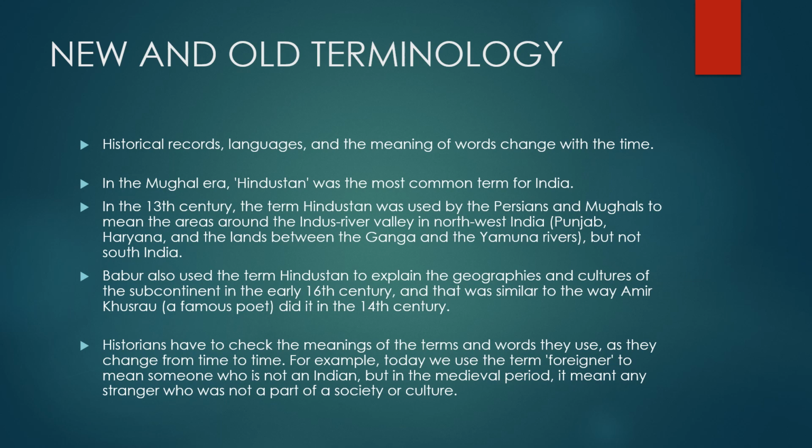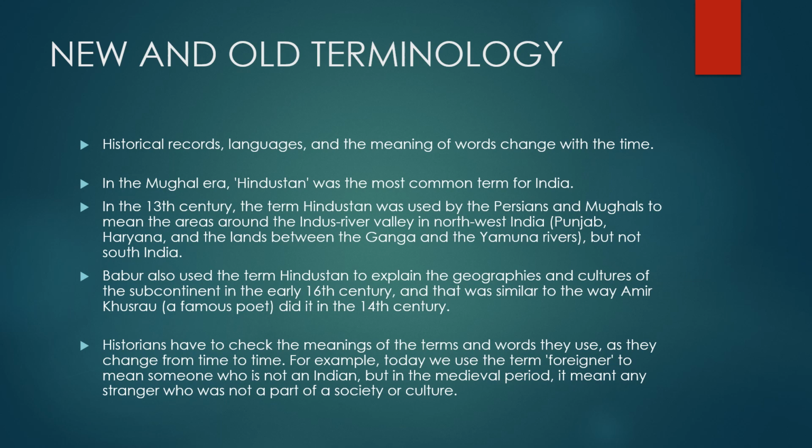New and old terminology. Historical records, languages, and the meaning of words change with time. In the Mughal era, Hindustan was the most common term for India. In the 13th century, the term Hindustan was used by the Persians and the Mughals to mean the area around the Indus River Valley in northwest India, Punjab, Haryana, and the lands between the Ganga and the Yamuna rivers, but not South India.